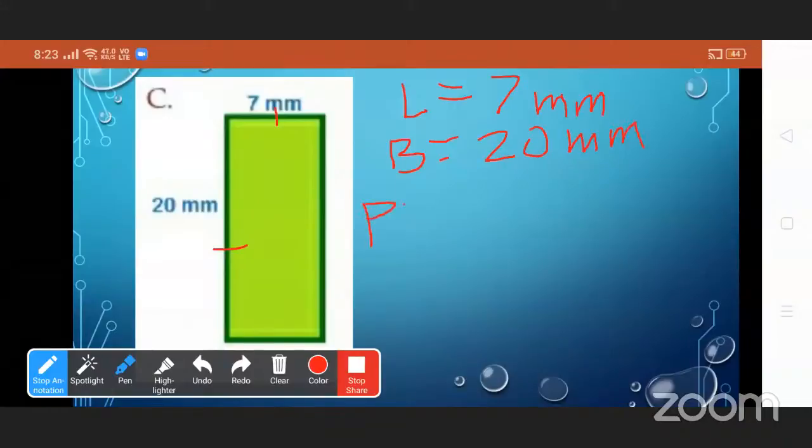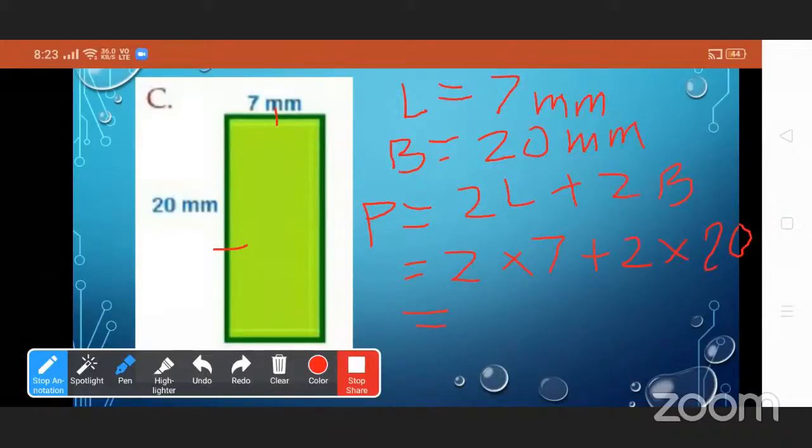Now perimeter is 2L plus 2B because the opposite sides of a rectangle are equal. So 2L is 7, na? Plus breadth is 20. So now do the multiplication.